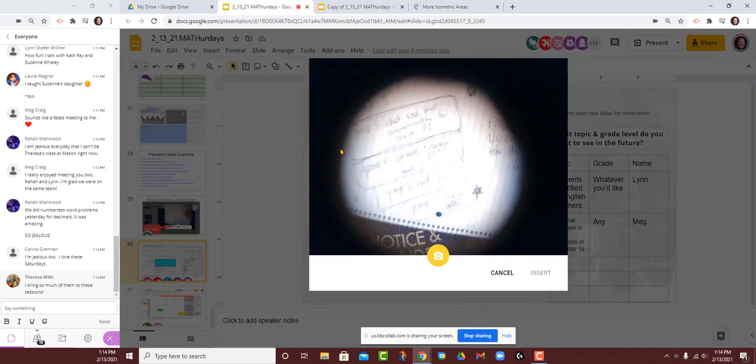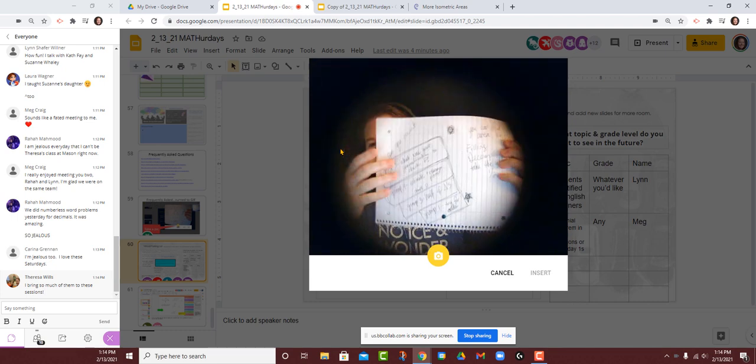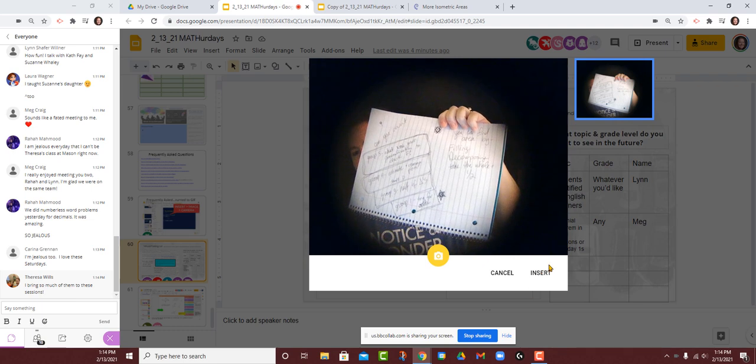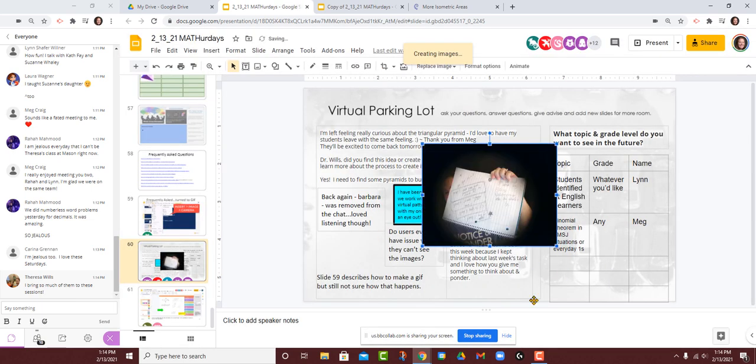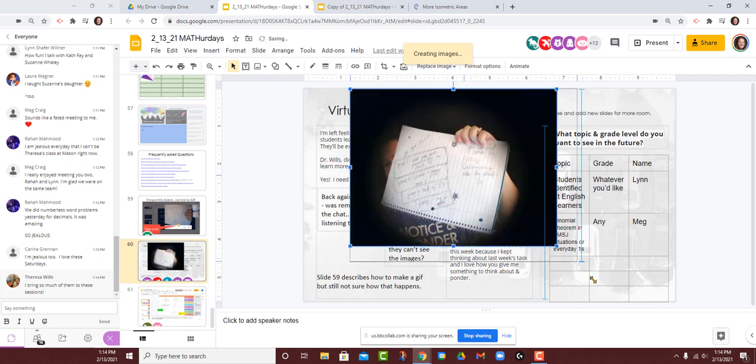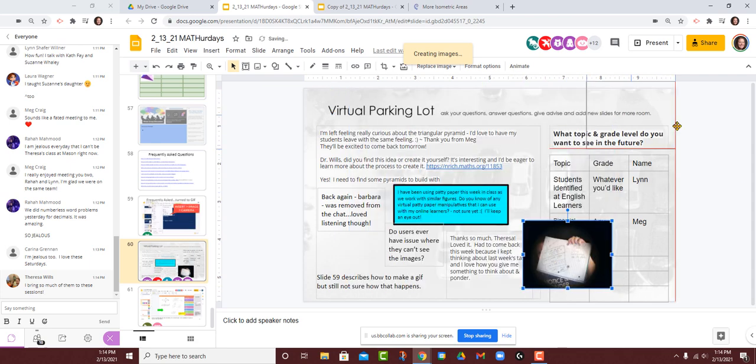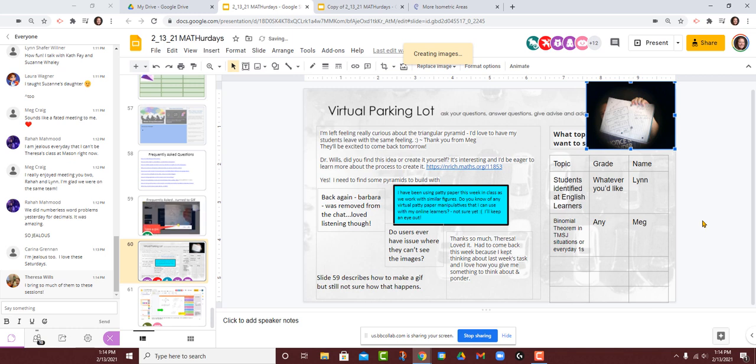I'm holding up my work. And this is actually the selecting and sequencing that I did from today. I take a picture and I hit insert. And now that picture goes right up on the slide, which can be really nice if you're trying to show student work. You can even zoom it in. My webcam's pretty terrible, but I've got some fingerprints from my little online learners on it. But that's how that works.